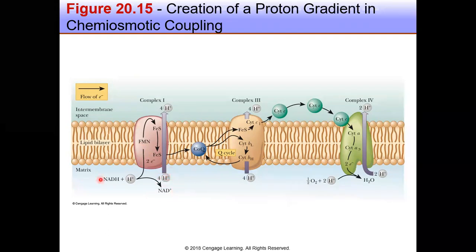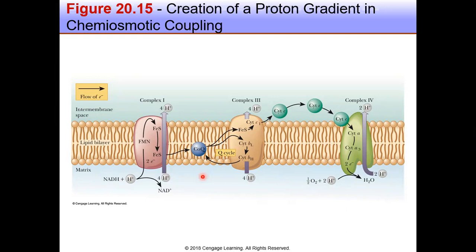If you go back to figure 20.8, you will notice it's the same, but here we added the flow of protons. And the arrow shows you the flow of electrons in this way.